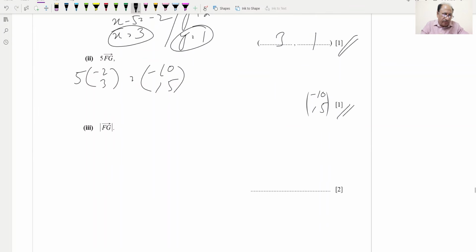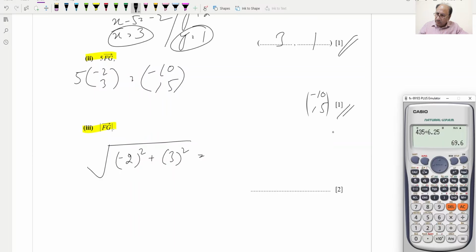Now mod of FG, what is mod of FG? Mod of FG will be taking the x value squared, minus 2 squared, plus the y value squared, which is 3 squared. We can calculate this as 4 plus 9, so it will be 13 under root, so root of 13.